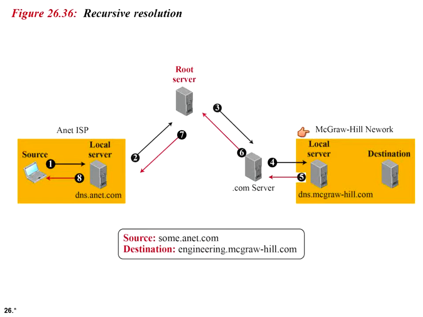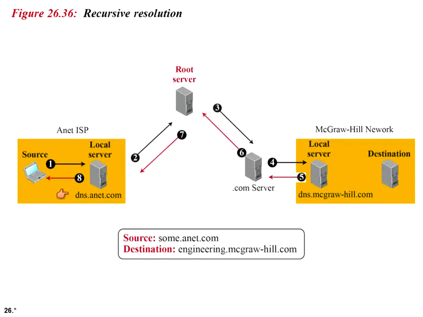Now the application program on the source host will call the DNS resolver. It is the client to find the IP address of the destination host. Now the resolver, which does not know this address, will send the query to the local DNS server.